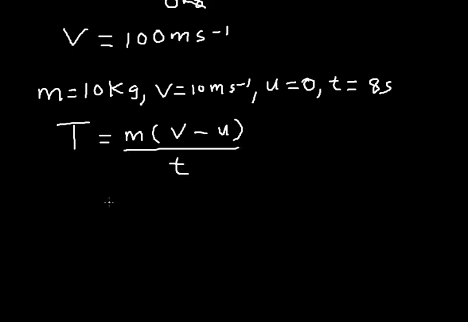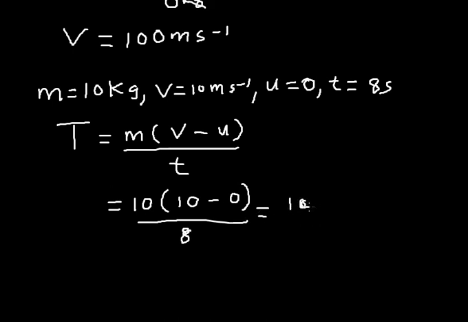Okay, so I have 10 bracket open, 10 then minus 0 divided by 8, right? So this is going to be equal to 10 minus 0 is 10. 10 times 10 is 100. So having 100 all over 8.